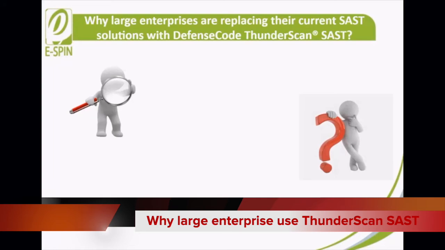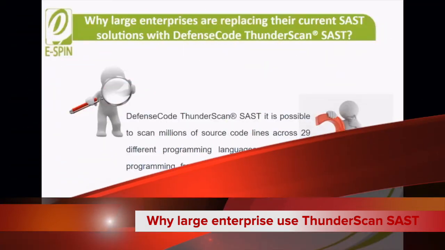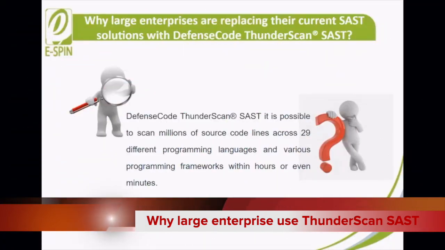Why are large enterprises replacing their current SAST solution with DefenseCode ThunderScan SAST? With DefenseCode ThunderScan SAST, it is possible to scan millions of source code lines across 29 different programming languages and various programming frameworks within hours or even minutes.